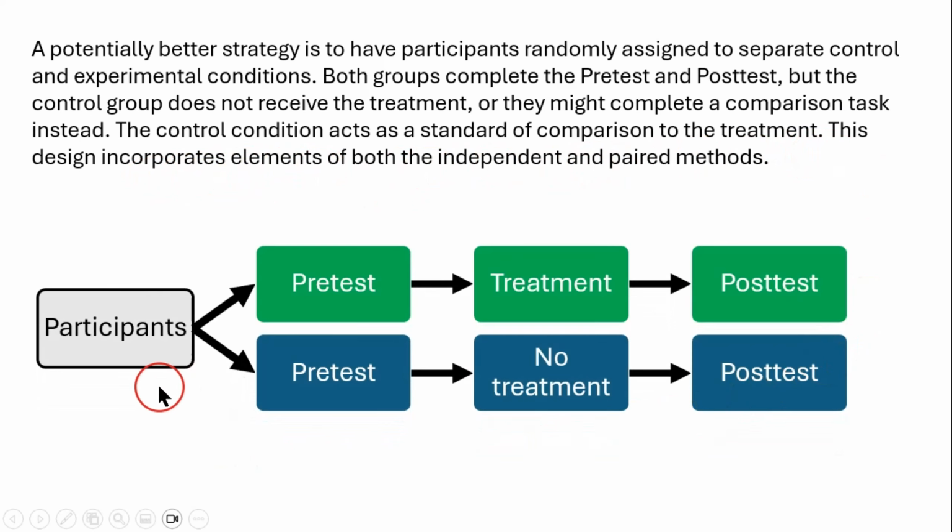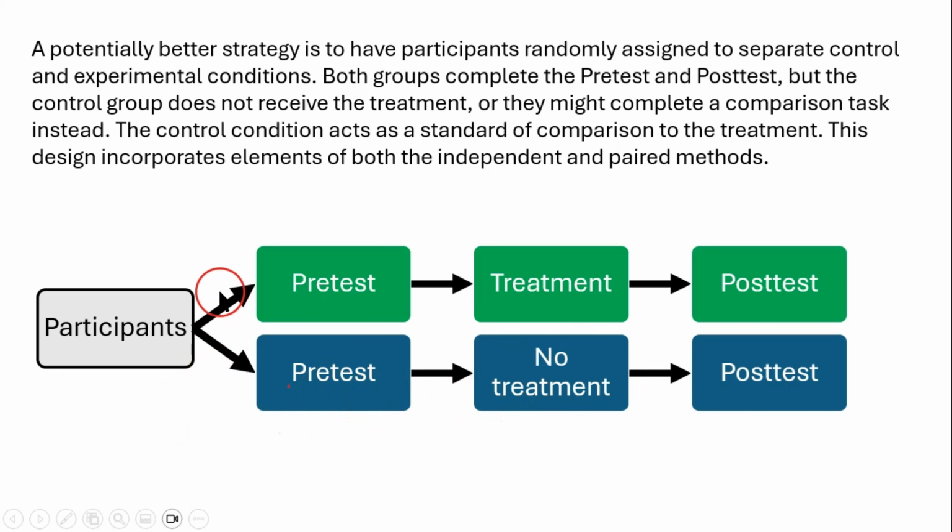And so that would look something like this here. So you have your participants here, and you randomly assign them to the upper group here, which would be the treatment group: pre-test, treatment, post-test. Or they would be assigned to the pre-test, no treatment, post-test, the control track, if you will.